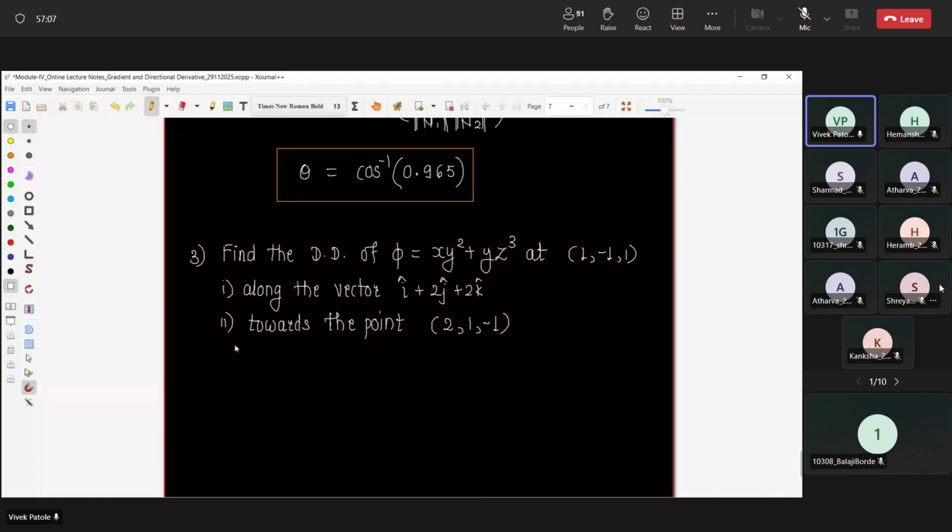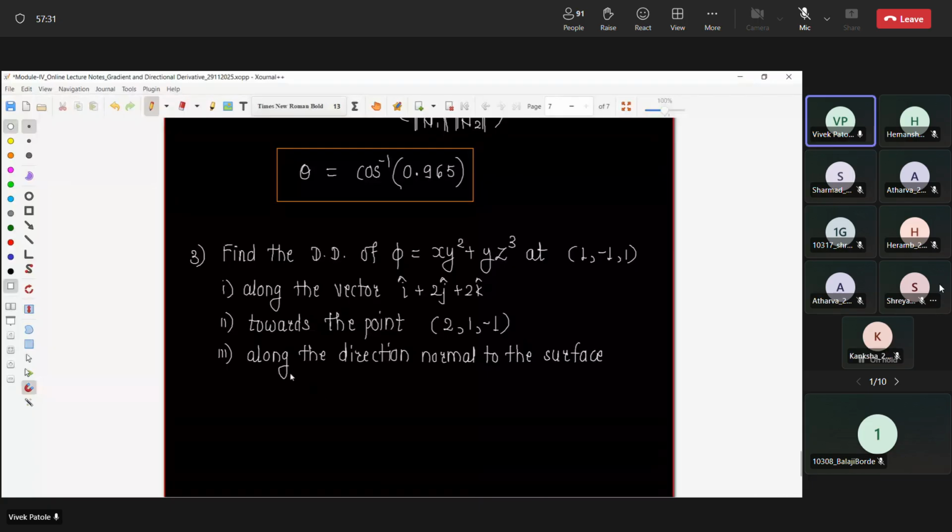Third, along the direction normal to the surface x square plus y square plus z square equal to 9 at (1, 2, 2).